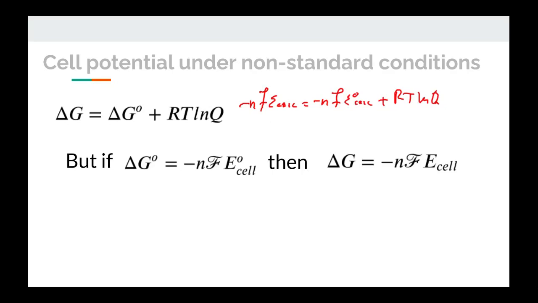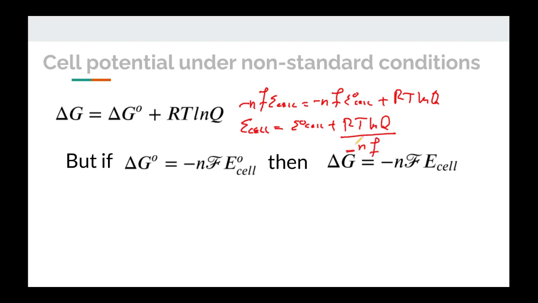And so let's solve for cell potential by dividing both sides by minus n times Faraday's constant. So that gives us cell potential equals, nF is going to cancel here, standard cell potential plus R times T times the natural log of Q divided by n times Faraday's constant.